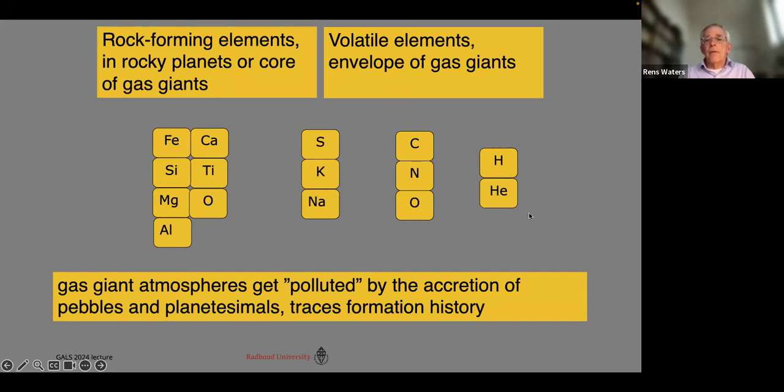They are the main building blocks of the atmospheres of gas giant planets after the rocky cores of those planets are formed. And there are some chemical elements that are in between. They have an intermediate condensation temperature, so their behavior is less obvious.